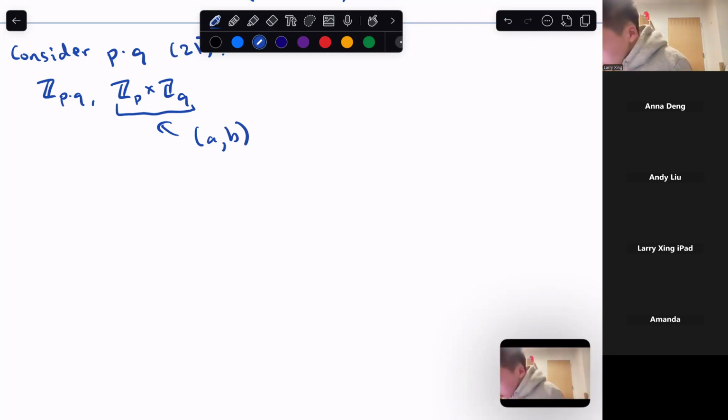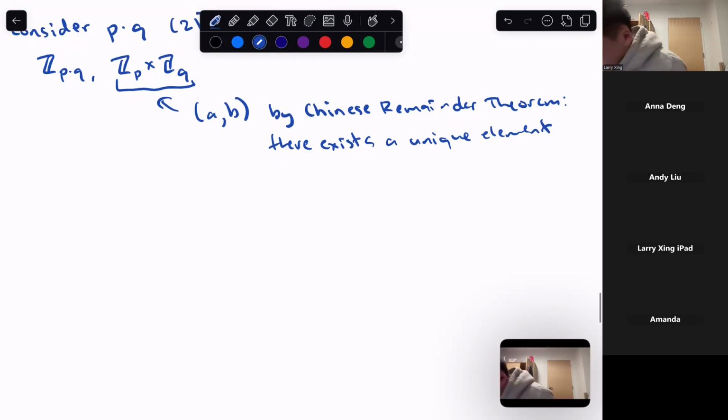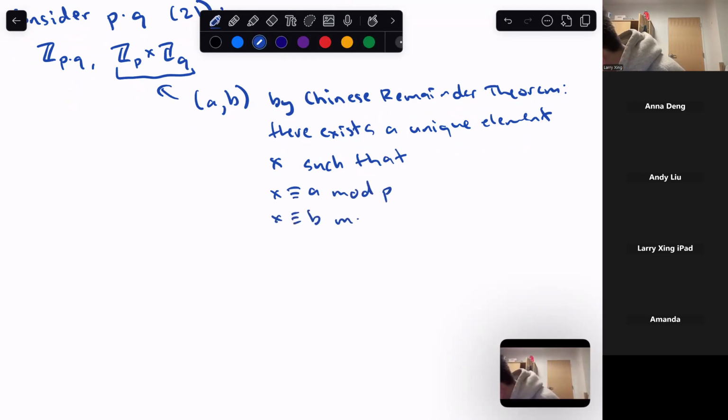By the Chinese remainder theorem, there exists a unique element X such that X is congruent to A mod P and X is congruent to B mod Q. Well, what does this tell us?